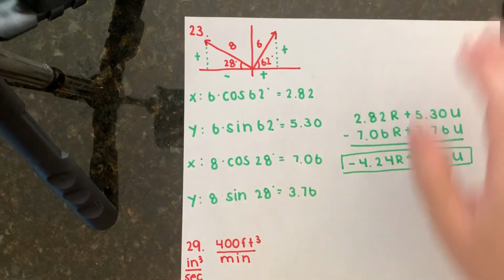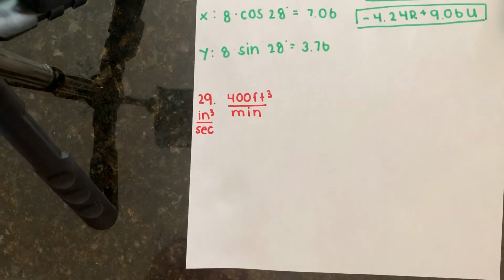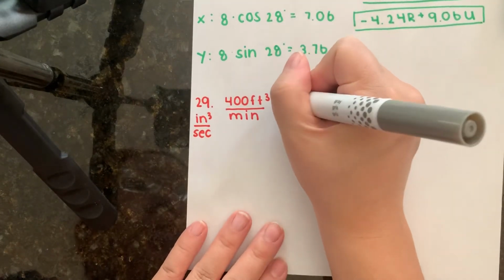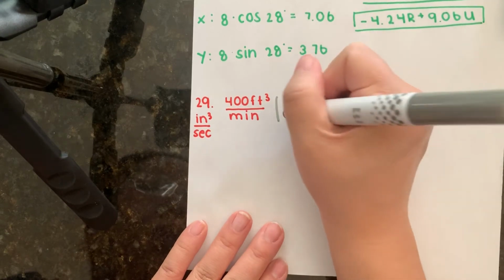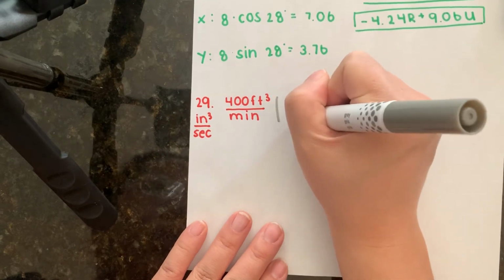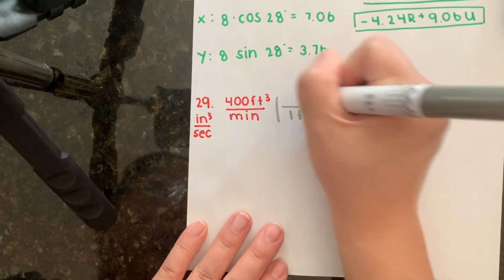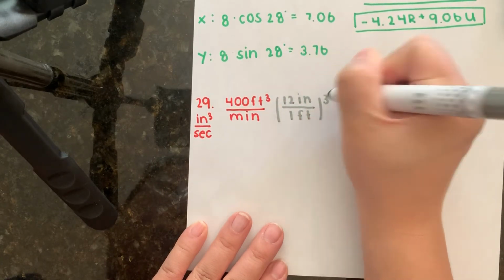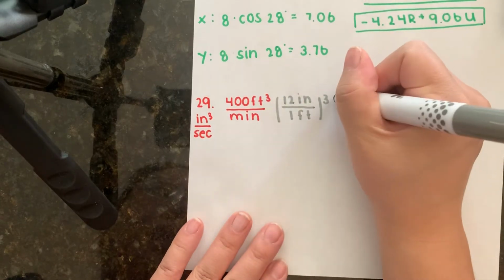Now lastly, number 29, we are asked to convert this from feet cubed per minute to inches cubed per second. I'm going to start by just converting this from feet to inches. So there is 1 foot in 12 inches, and don't forget to cube that. Then I have to get from minutes to seconds.